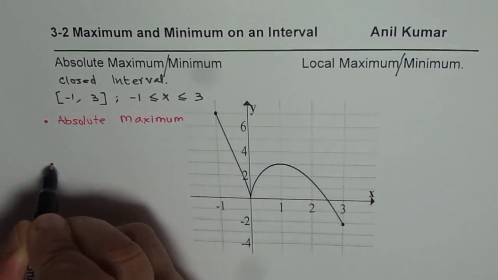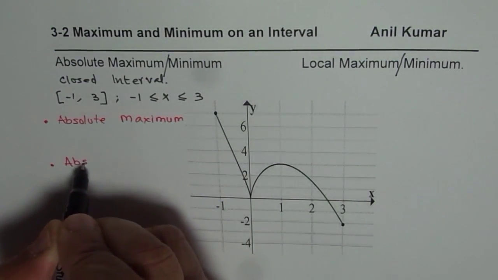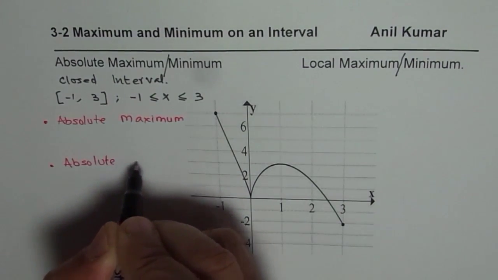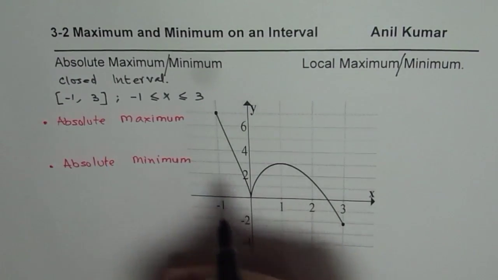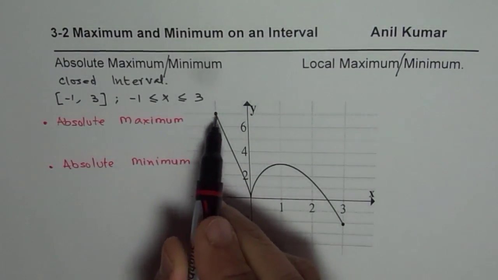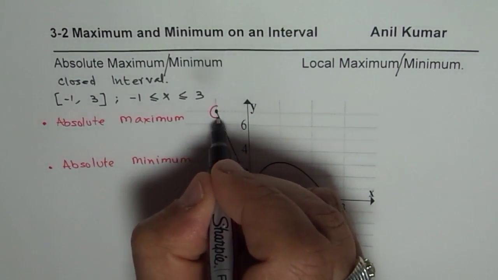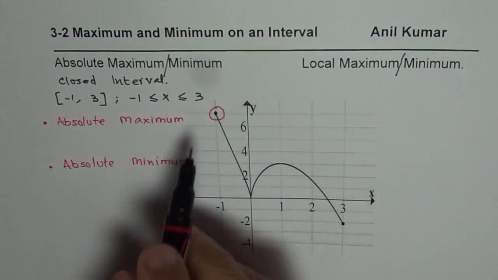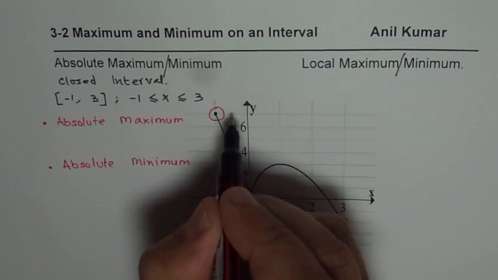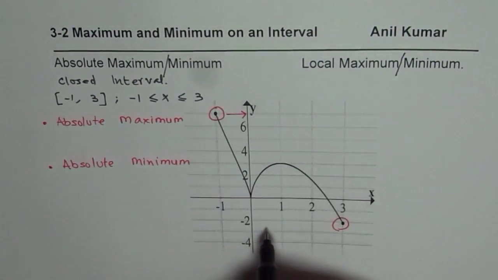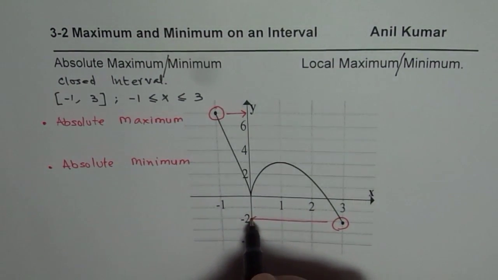So can you tell me what is the absolute maximum value and what is the absolute minimum value from the graph? Well, clearly in this interval that point is the absolute maximum, the highest value in the interval, and the minimum value is this point, right?